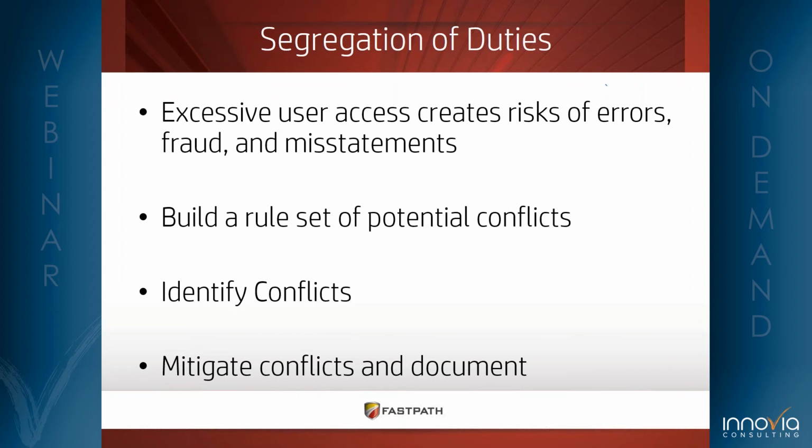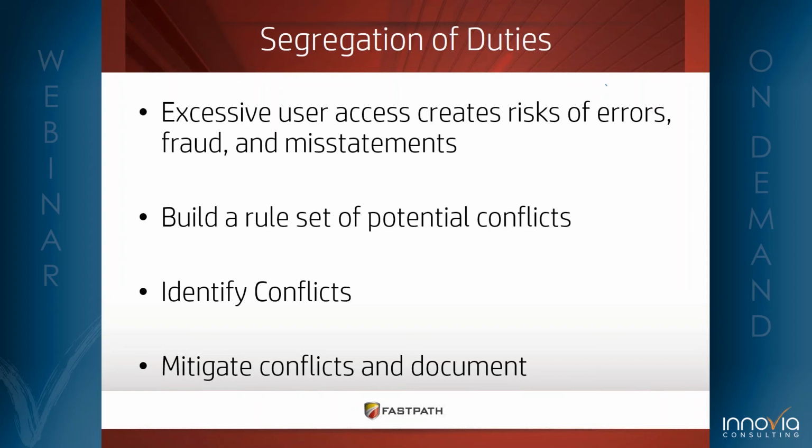So their risk profile is going to be completely different than Indeed.com's, and they might have a separate set of conflicts that they're really interested in, or different criteria for segregation of duties than Indeed does. So you really have to understand your company's profile and look at where the risks are, where the materiality is, and really kind of focus on those areas.